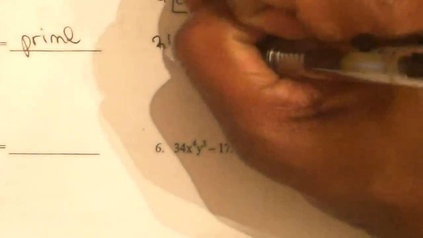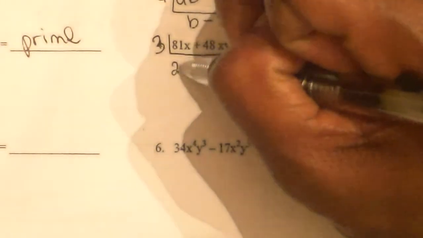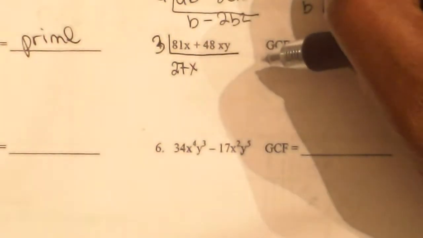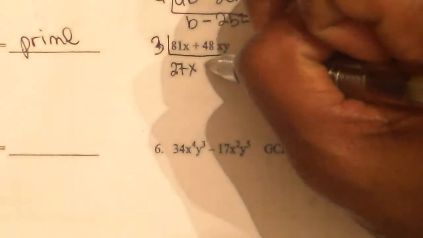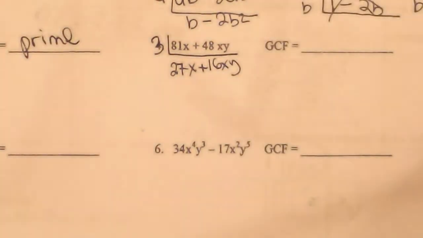Both of them are divisible by 3. So 81 divided by 3 is 27x, and 48 divided by 3 is 16xy. Is there a number that can go into both of those? I think that's as low as it can go. 27, 16 is 1 and 16.